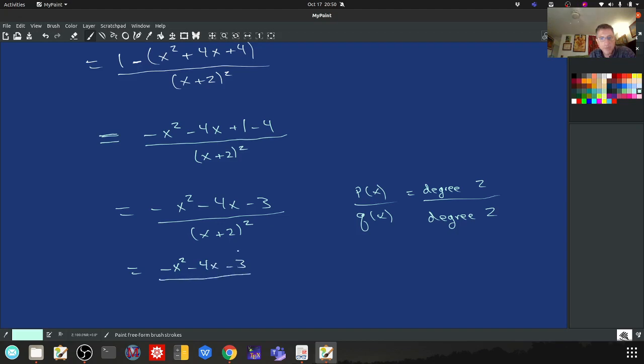the bottom, (x plus 2) squared, and that is x squared plus 4x plus 4.